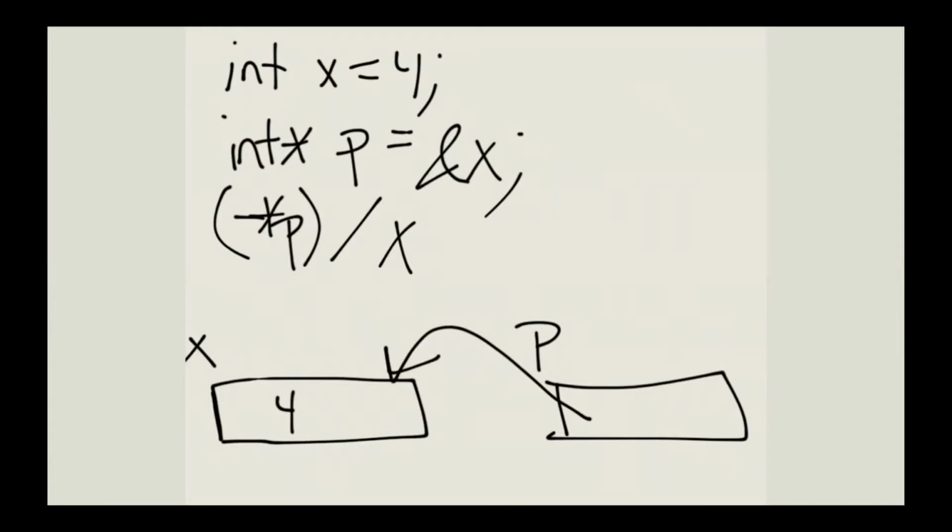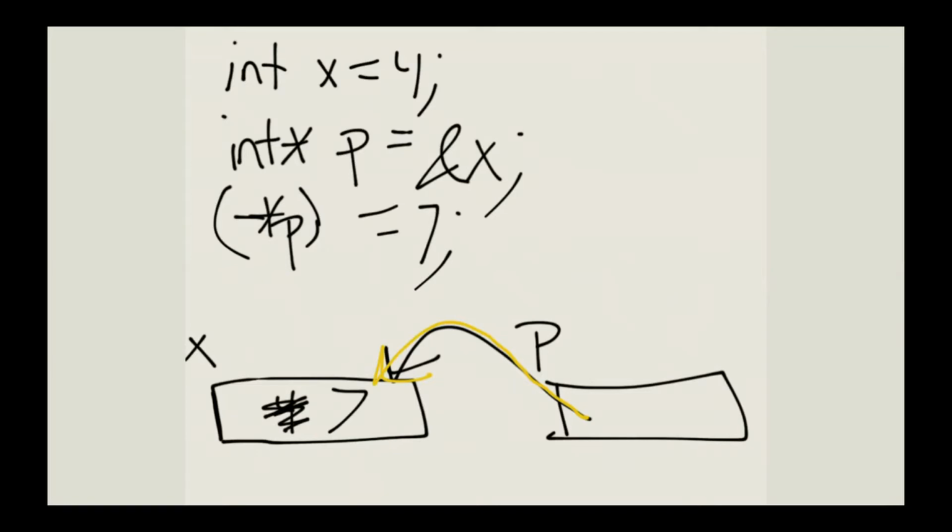So when we say star p, we're saying go to the box that is p, star is follow the arrow, and then do whatever you want with that box right there. So I can say star p equals 7, and that'll go to the box that is x and change that to 7.